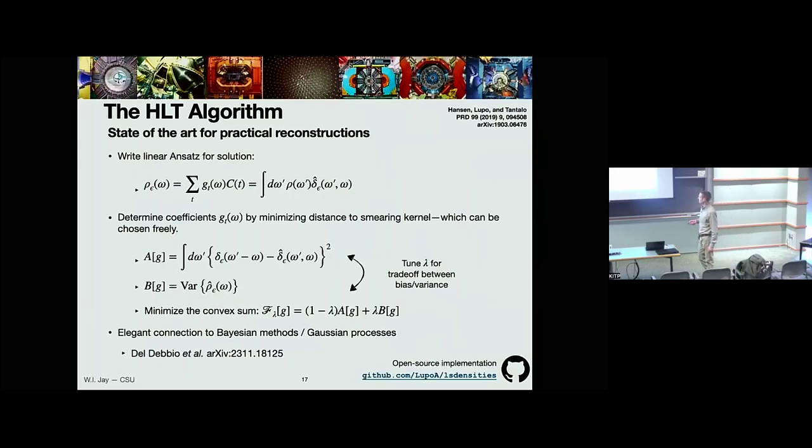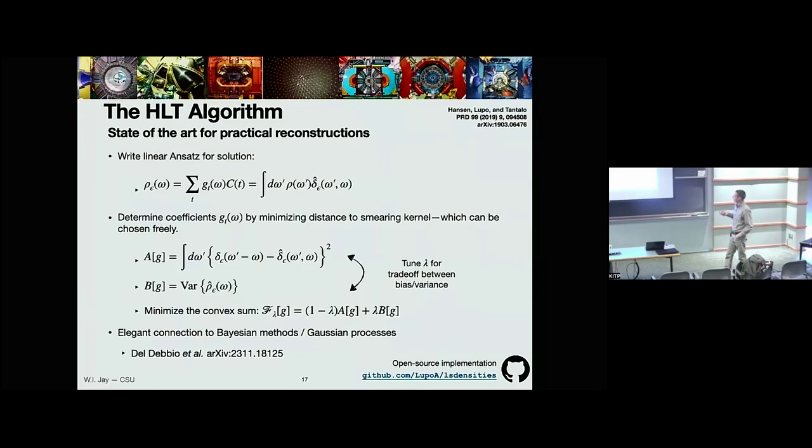The way this algorithm works is you say, okay, I want a smeared spectral function. Let's suppose I can write it as a linear combination of the correlation function that I have, C of t. And how are we going to determine those coefficients? Well, I'm going to choose some smearing kernel. It could be a narrow Gaussian, and I'm going to try to minimize the distance to that kernel that I'm able to get given my data. They turn it into a convex optimization problem where the first term minimizes this distance, and the second term is a regulator that includes the variance of the Monte Carlo calculation.